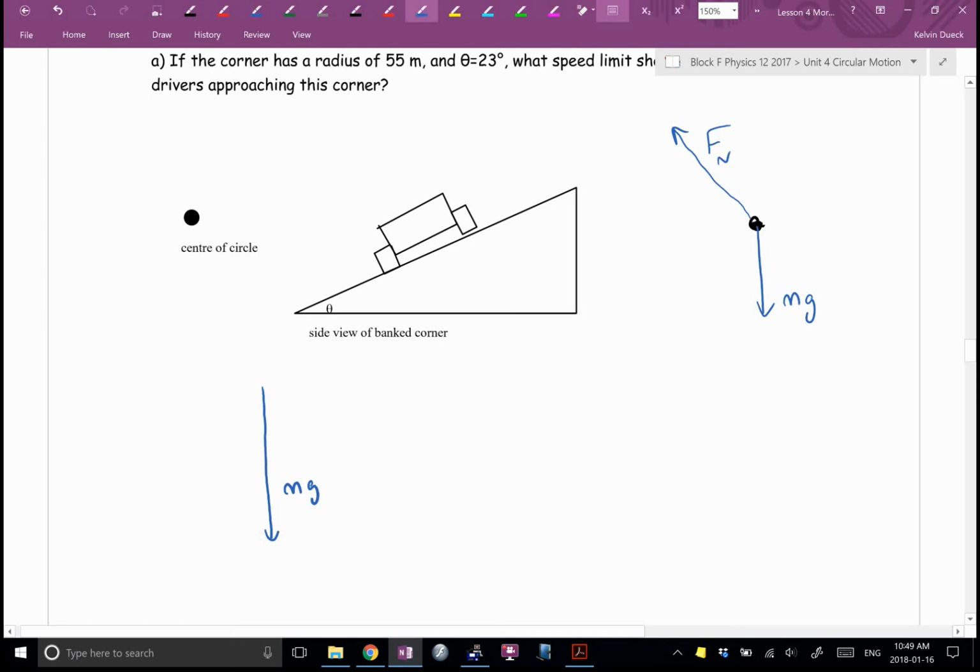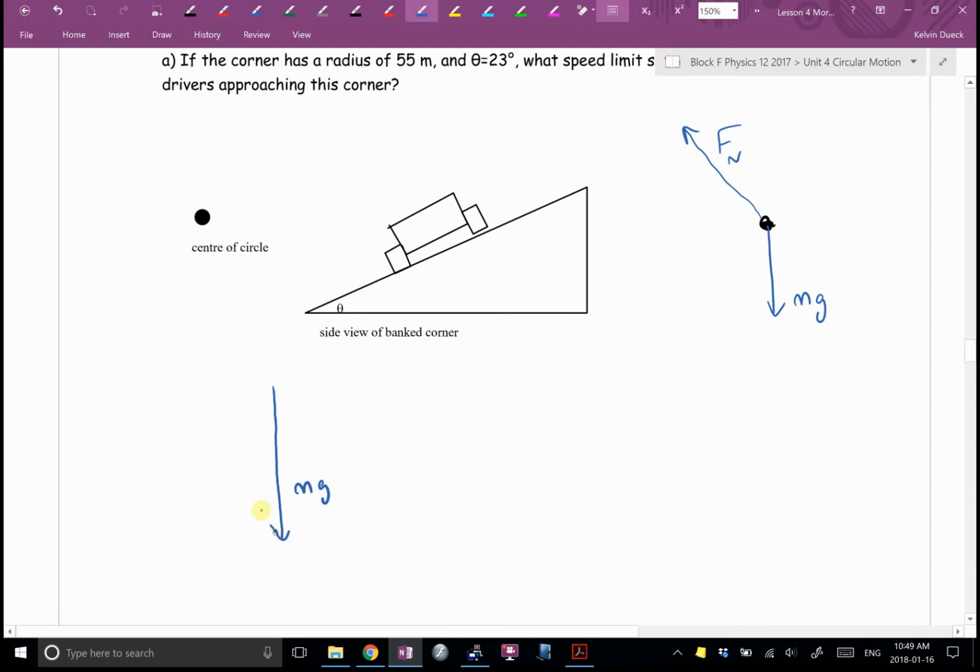But here is the beauty. What path is this car tracing out? So where must the net force be pointing? Toward the center. In other words, I know the resultant is going to look like that. Tell me when to stop drawing the normal force.